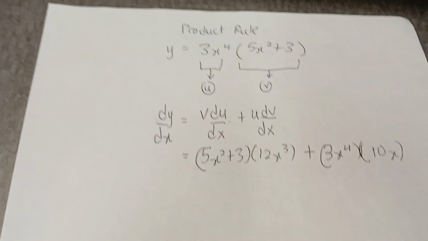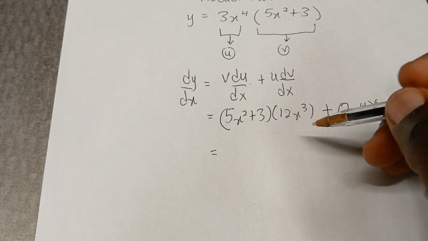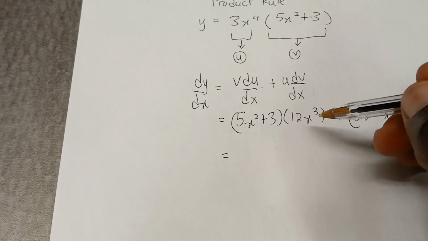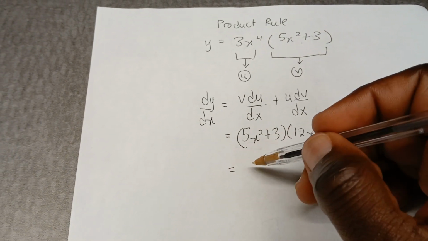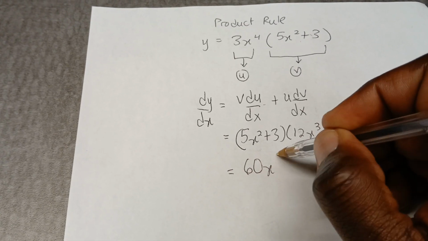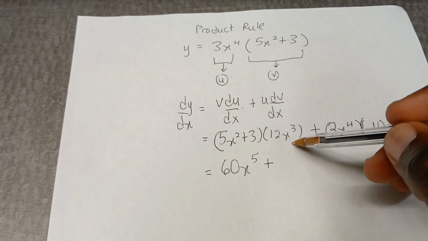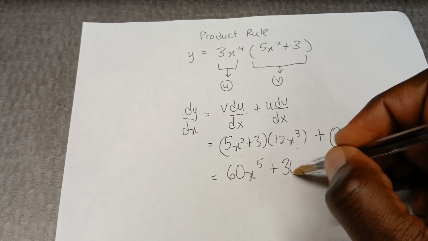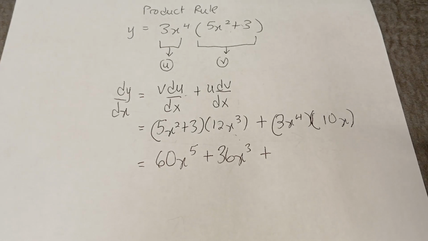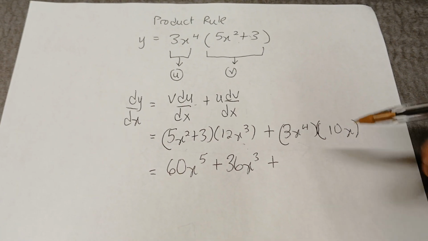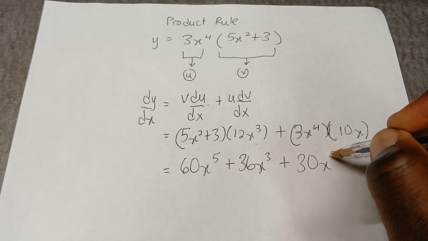So let's distribute and expand so that we can simplify this further. So 5x^2 times 12x^3 is 60x^5, plus 3 times 12x^3 is 36x^3, plus 3x^4 times 10x is 30x^5.